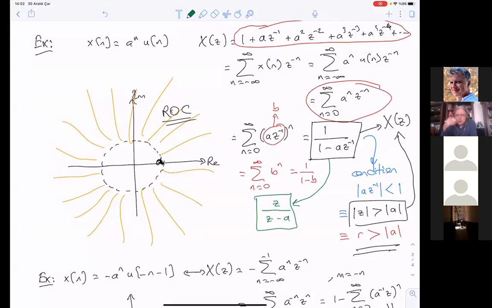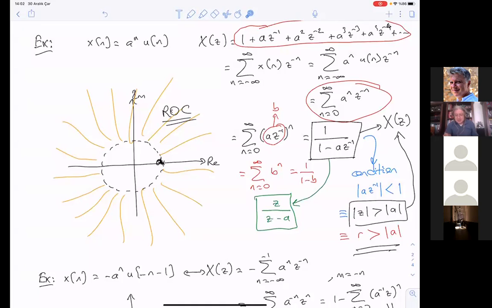I multiplied both the numerator and the denominator by Z, and this is what I get. And from here, I can see that Z is equal to 0 is a 0 because Z is in the numerator, and it becomes 0 when Z becomes 0. And when Z is equal to A, then the denominator becomes 0, which makes a pole.